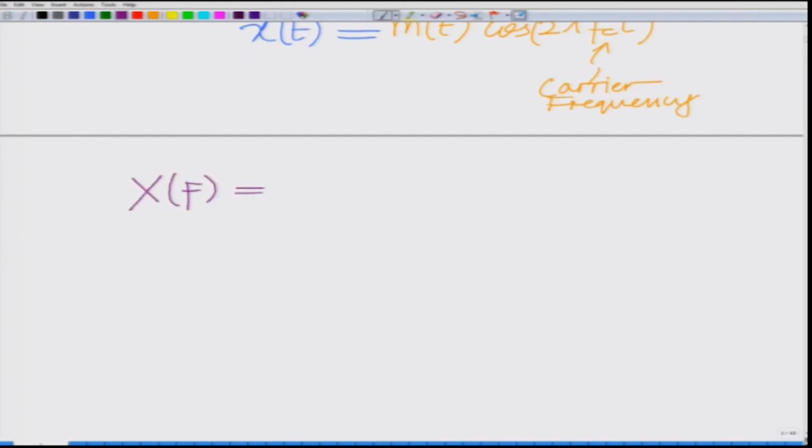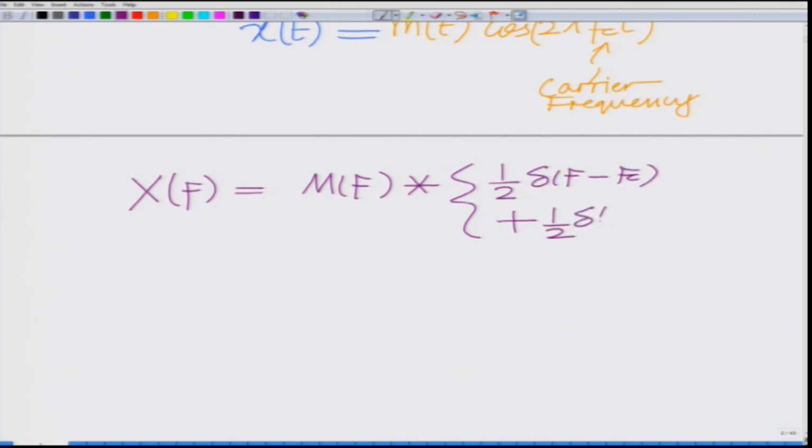Therefore, the Fourier transform X(f) is given by the convolution of M(f) with the spectrum of cosine 2 pi fc t, which is basically an impulse scaled by half at fc plus an impulse scaled by half at minus fc, that is half delta(f minus fc) plus half delta(f plus fc).